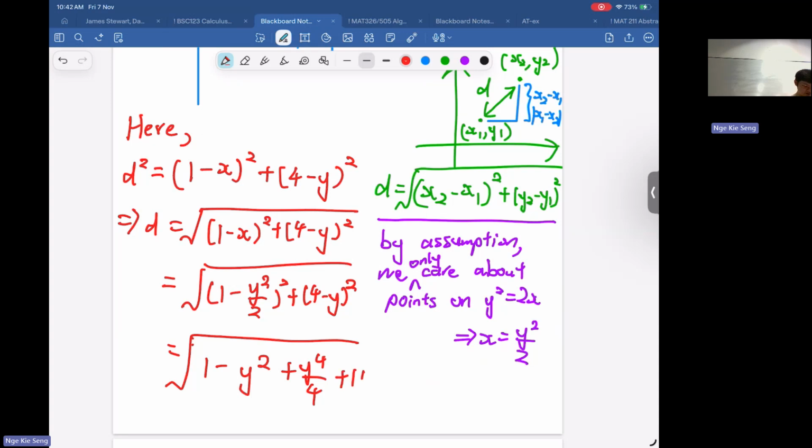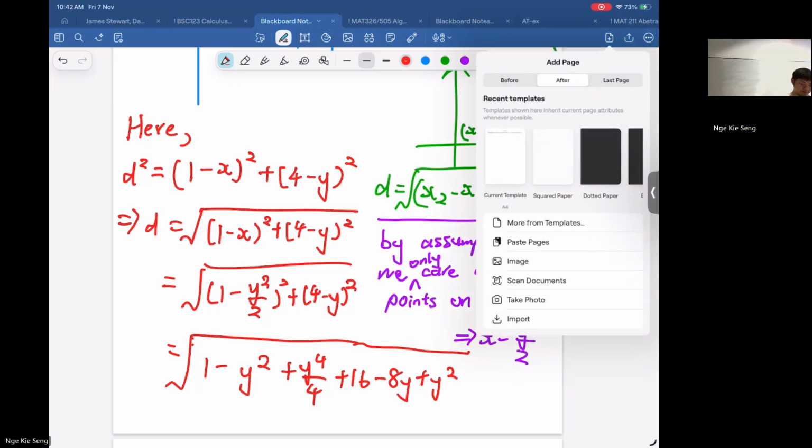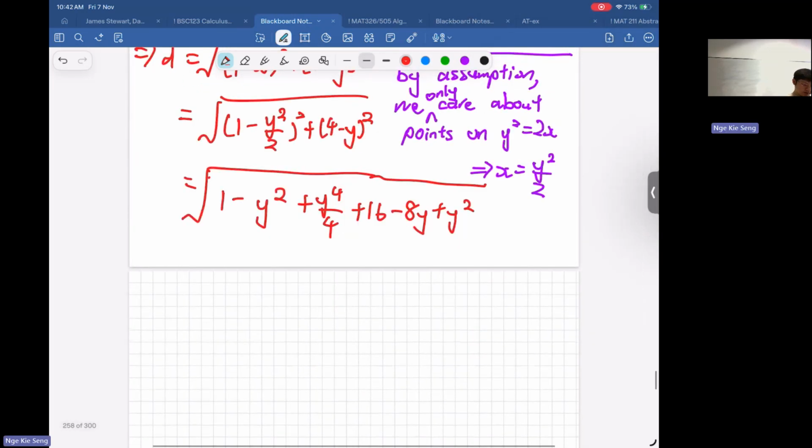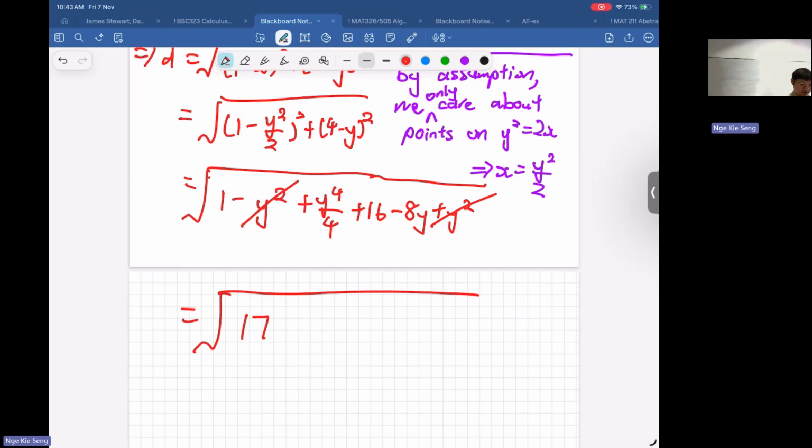And then plus 16 minus 8y plus y squared. Is it true? Yep. Let's simplify it. So this one cancels, right? And then 8y minus 8y. Yeah, I think that's it.